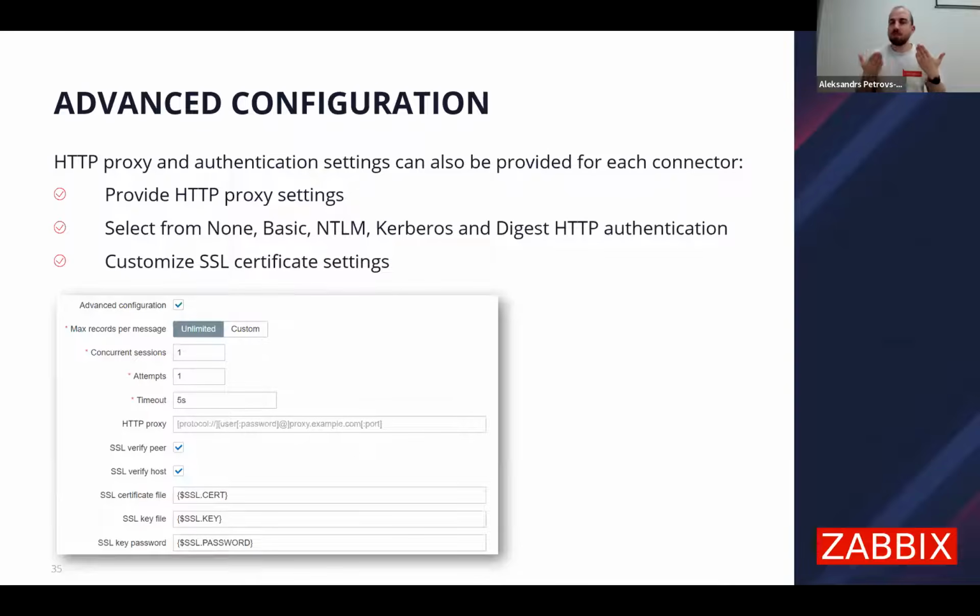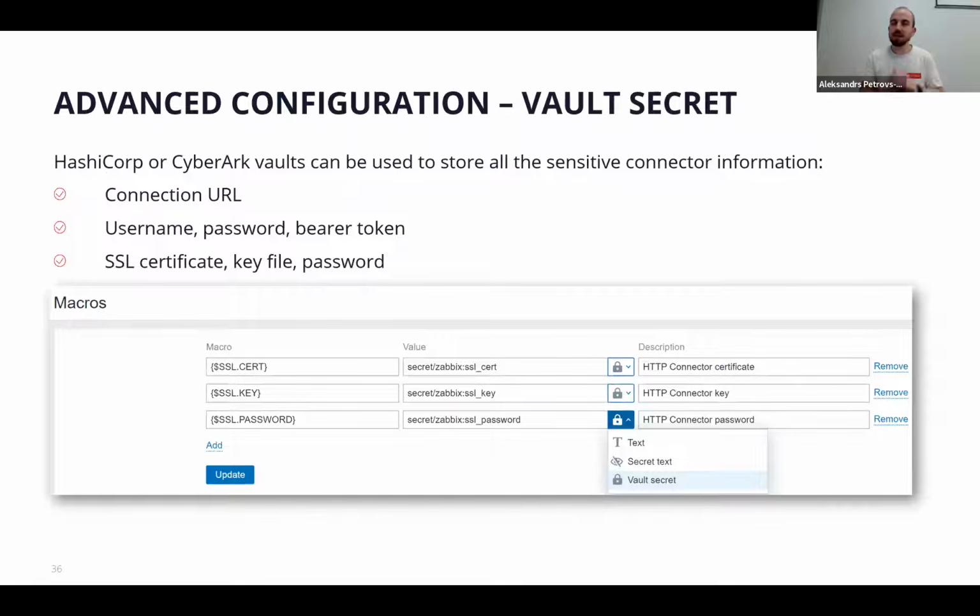To make sure, even if somebody tries to intercept it, you can add advanced configuration options and use HTTP proxy settings to stream the data through an HTTP proxy. You can also add additional authentication using Basic, NTLM, Kerberos, and Digest HTTP authentication, and add SSL certificate settings. And that's still not all.